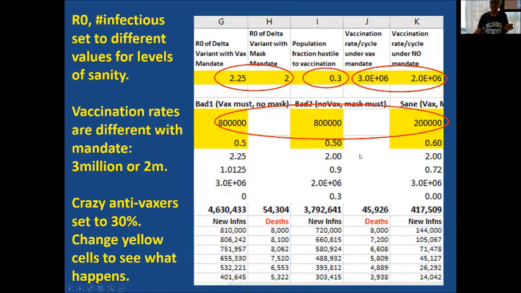And that's why you also see in the mask mandate region that 2 becomes 0.9, and with the vax mandate, 2.25 becomes 1.0. So even one mandate does cut R naught down to a point where you don't have a rise in the deaths.